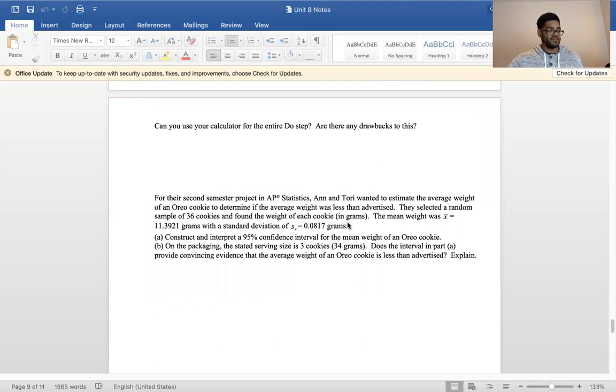So can you use your calculator to do this? Yes, you can. But again, you've got to do some setup. You've got to label everything. Make sure you know what you're talking about before you use it. So yes, just set the problem up. And then you go menu, statistics, confidence intervals. We talked about this in the last video.